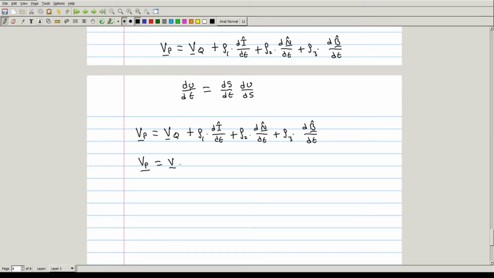the velocity of the point Q plus rho 1 times, remember here that ds/dt is just the velocity of the point Q in magnitude.